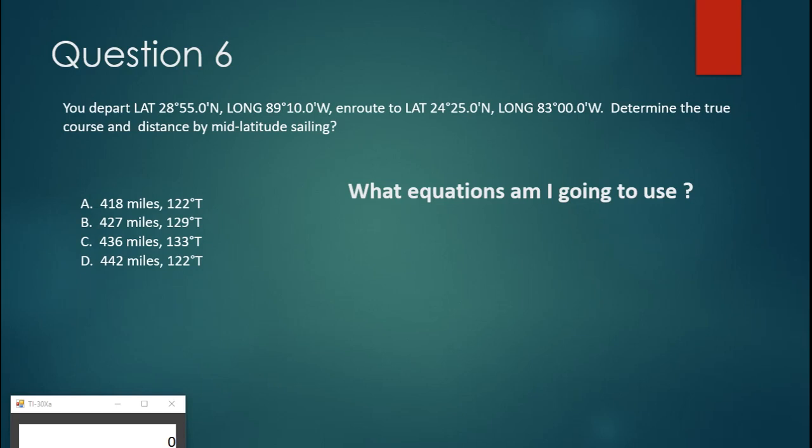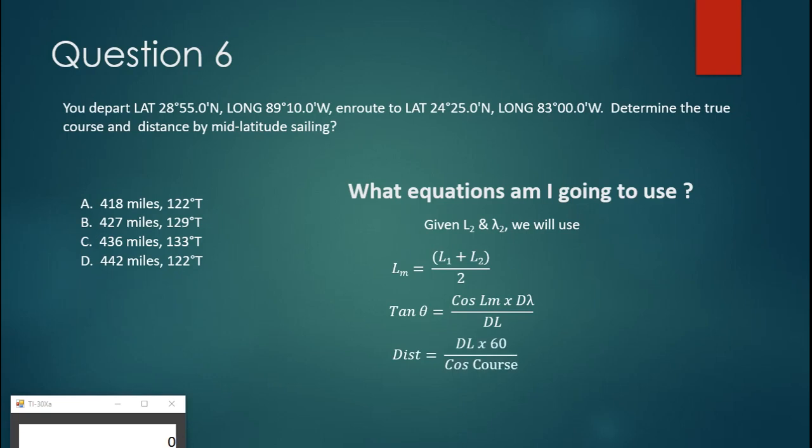So we need to ask ourselves, what equations are we going to use to solve this? So given L2 and lambda 2, we're going to use the following equations. The mean lat equation, which we use in every problem, the tan theta, and the distance equation. So let's set these over to the side.